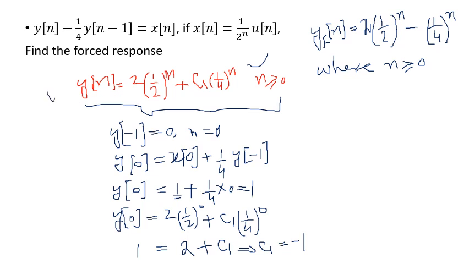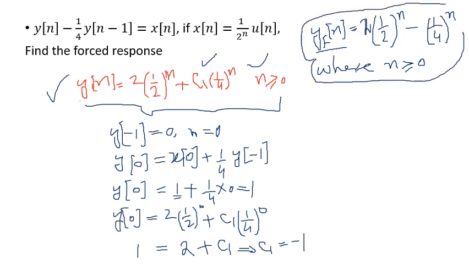So putting values here, y of n will become y of f of n because we are talking about the force response. Replacing values here, C1 we found is -1, so we get this as the force response. And you understand this expression is valid for n equal to or greater than 0, and for other values of n it will be 0.